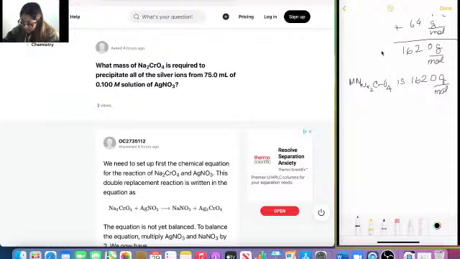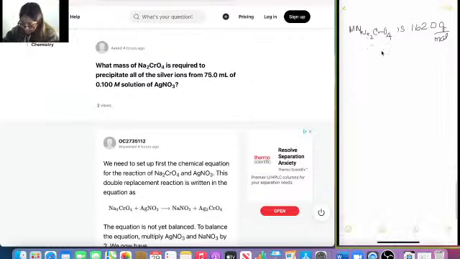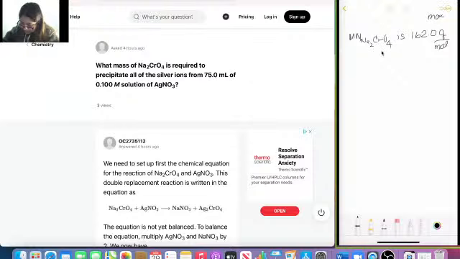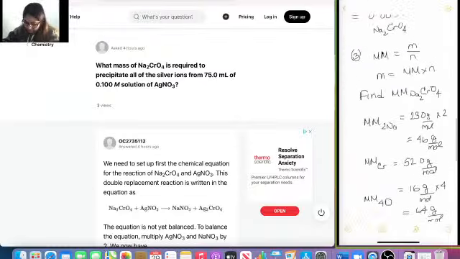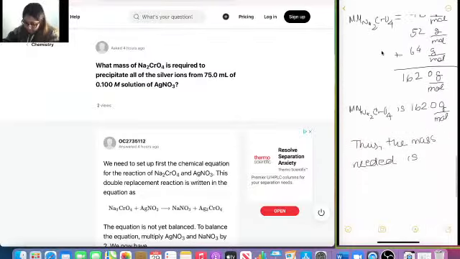Okay, and now we can finally find the mass needed for sodium chromate here. Thus the mass needed is, recall that to find mass, we have our equation right here, which is molar mass times the number of moles.